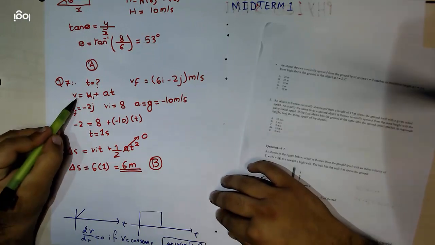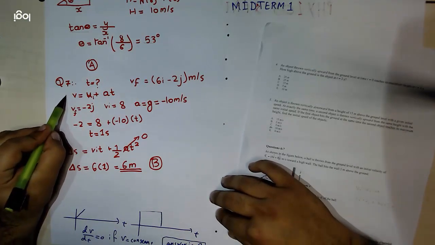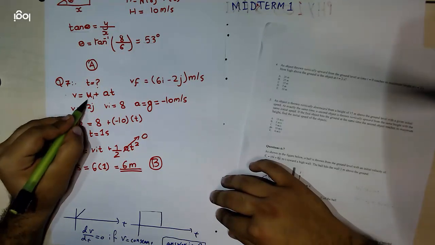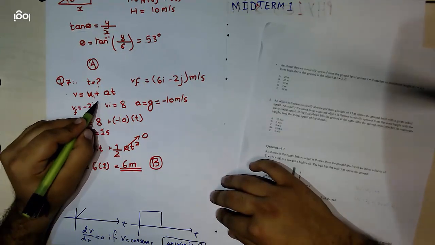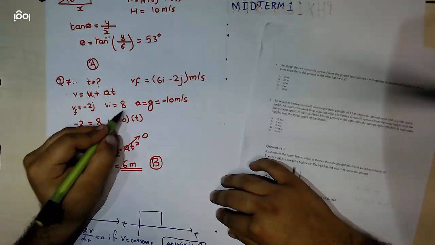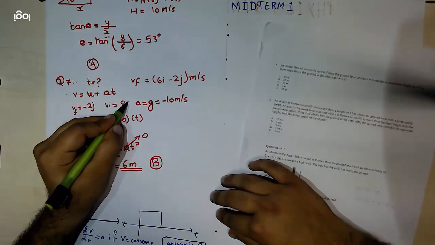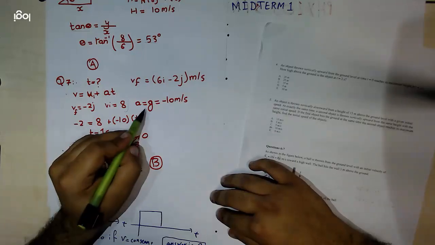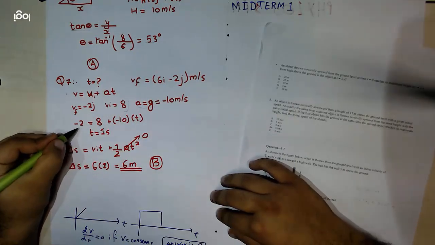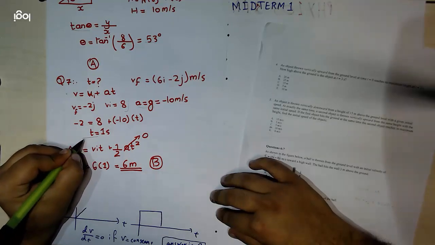First we put it in the equation of constant acceleration: V final is equal to V initial plus a t. We have the V final as minus 2j, the initial V as 8j meters per second, and the acceleration which is minus 10 meters per second squared. Plug it in, you're going to find that the time is 1 second.